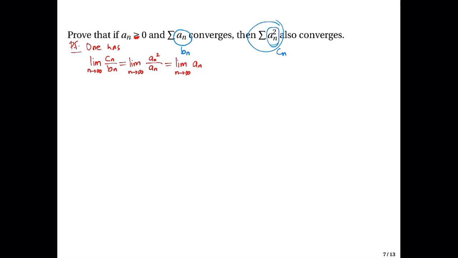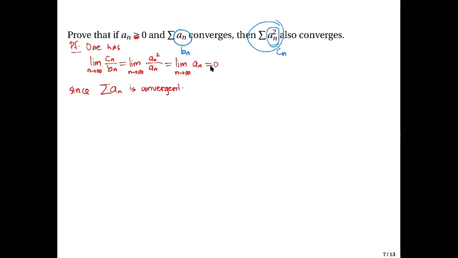The contrapositive of that, the actual theorem, is if the series is convergent, then the limit of the terms must be equal to 0. So this is equal to 0, since we assume that the series an is convergent.